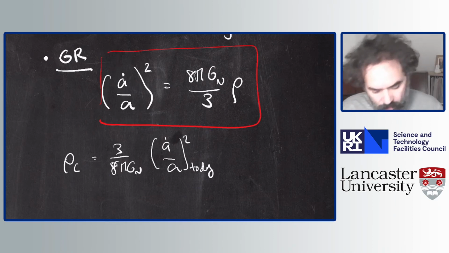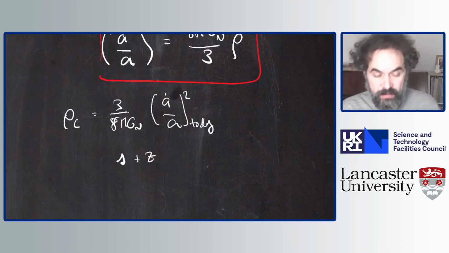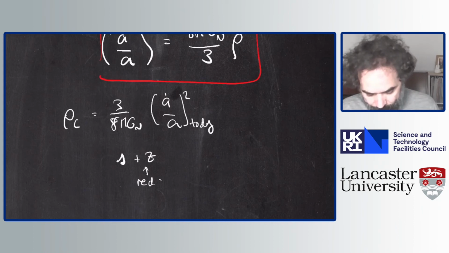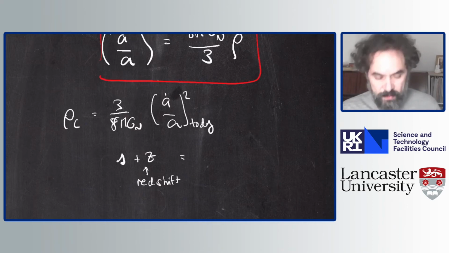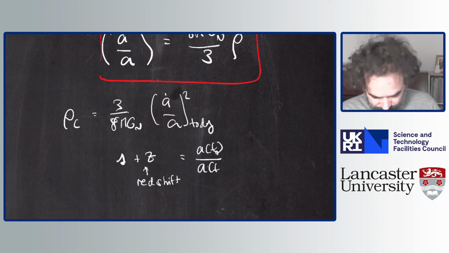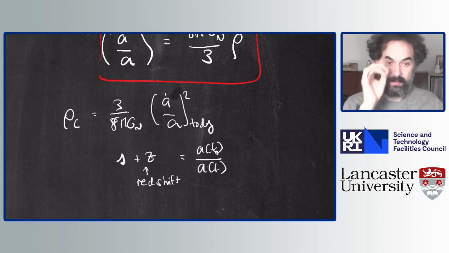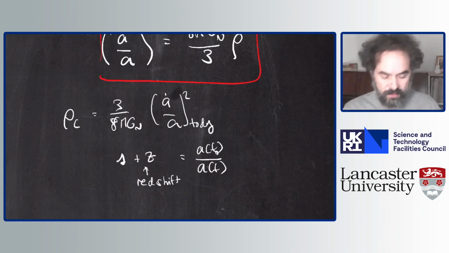Something which is also useful is the definition of redshift. Redshift is a way to give a time for cosmological evolution which is more appropriate to cosmology, and it is basically giving you the ratio between the universe today and the size of the universe, in the sense of the typical distance between galaxies, or objects at large scales.